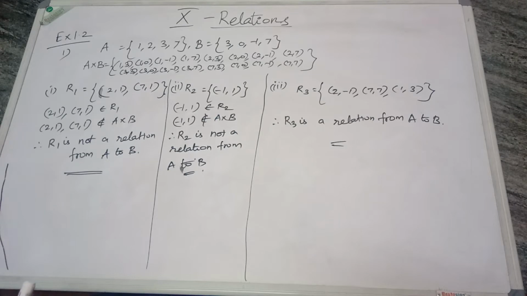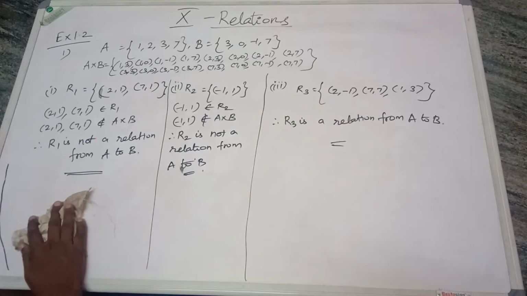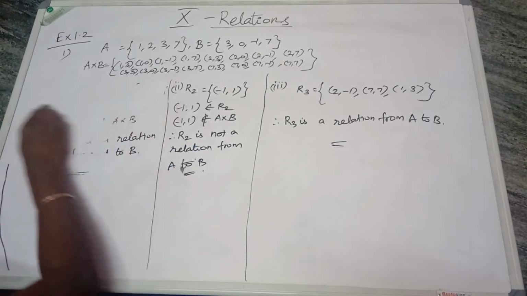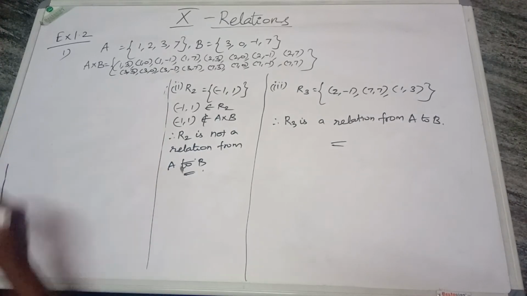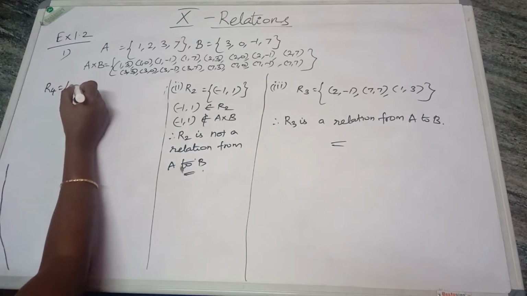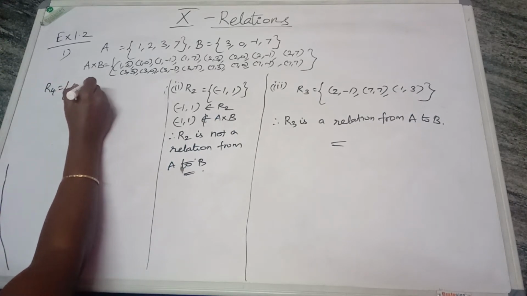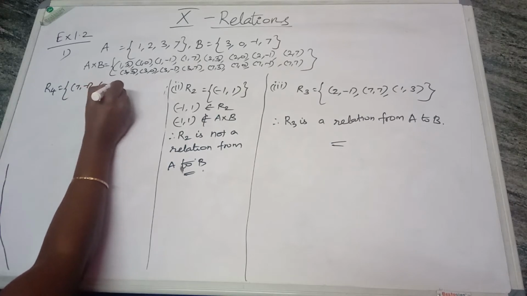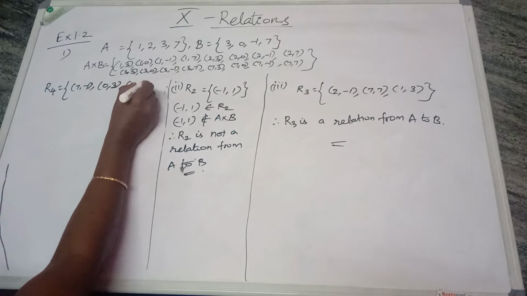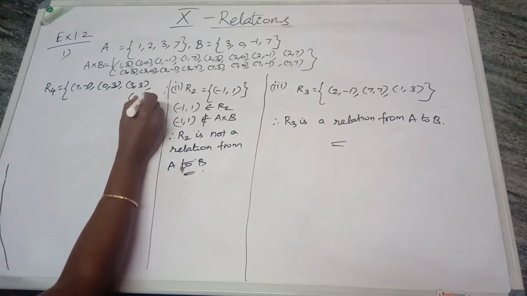The fourth one is R4. We are going to see R4 now. What are all the elements in R4? (7, -1), (0, 3), (3, 3) and (0, 7).